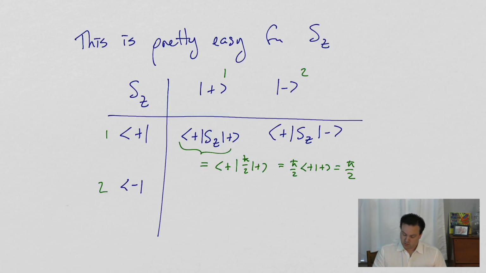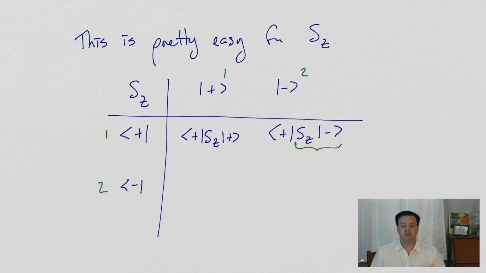All right, let me do one more. Let me get rid of this so that I can do another one. S_z acting on the minus state is going to give us minus h bar over 2 times the minus state, because the minus state has the other eigenvalue. And then I have a plus on the left.